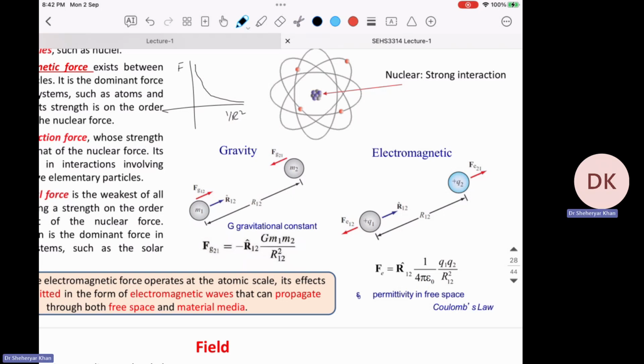Remember, the charges could be in air, or you could have cotton between them, sand, water, or some mica, glass, fiber, paper. These are all the materials that we use to create capacitors. That's what we call the permittivity. It describes how the material permits the electric field to pass through it. We use this property to solve many problems in daily life.